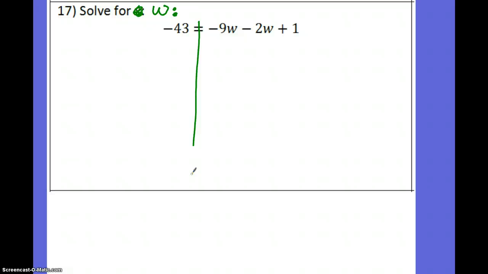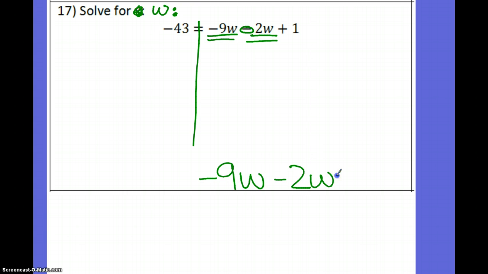The only way we can do this is because they're on the same side, we do exactly what it says to do, and it says to subtract. So we'll do negative 9w, subtract 2w. That gives us negative 11w. So we combine. So that's negative 11w, bring down plus 1, equals negative 43.